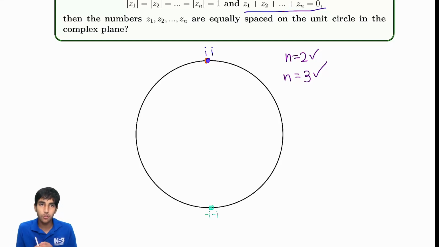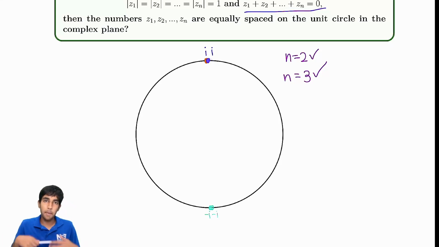You might be like, how did you think of that? The realization for me was, okay, we want to try and look at some other configuration. Will they be equally spaced? So I try to do the opposite. And I construct something such that when it's not equally spaced, it has a sum of 0. And then I thought, okay, from our n equals 2 case, we had i and negative i that sum to 0.